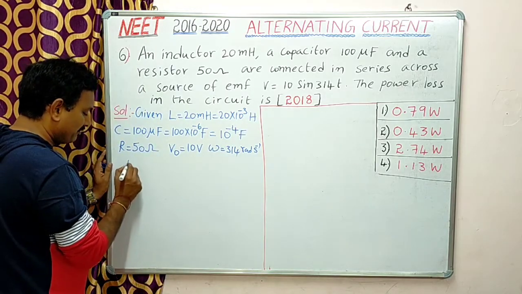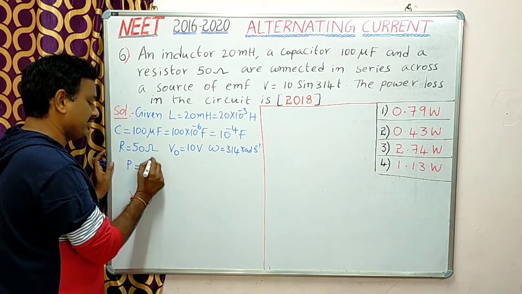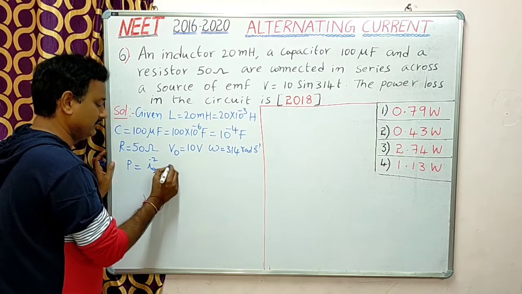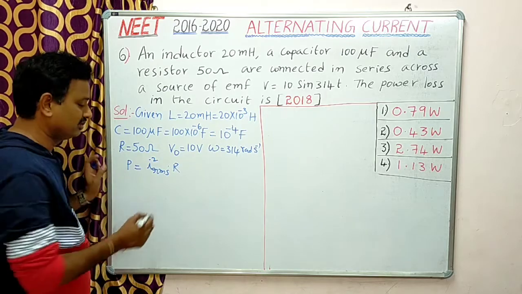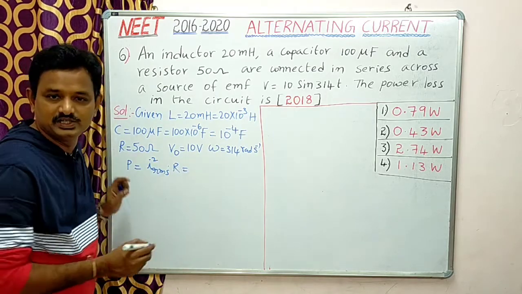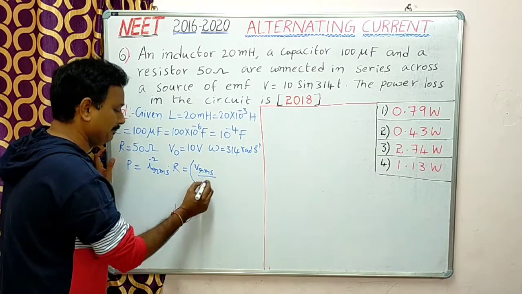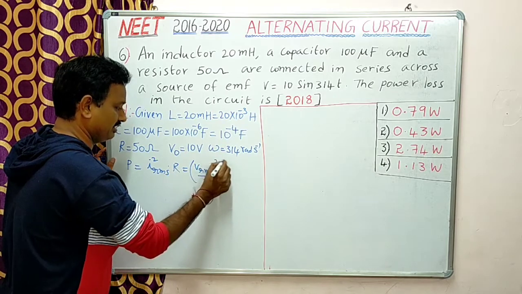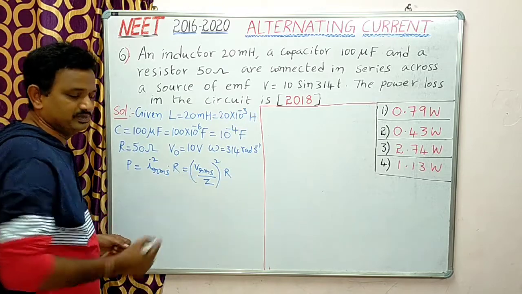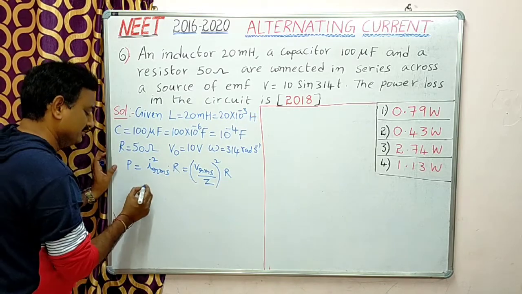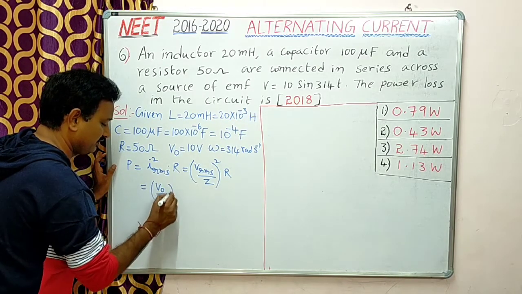So we have power loss is equal to I square RMS into R. We have the formula power loss equal to I square RMS into R. Instead of I, I will write V_RMS by impedance Z, whole square into R. Okay. See, V_RMS means I will write V naught by root 2. Look at here. V naught by root 2 whole square.